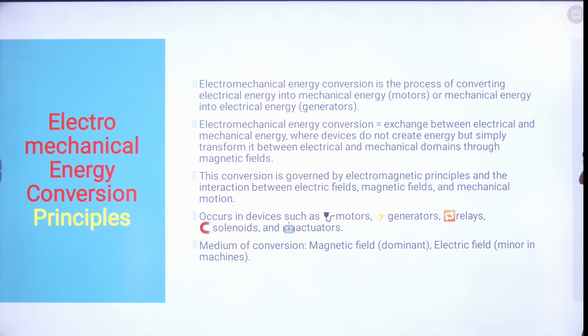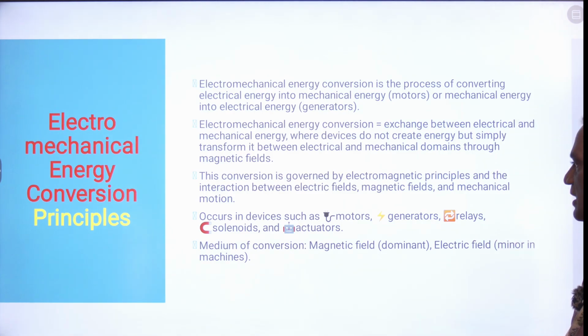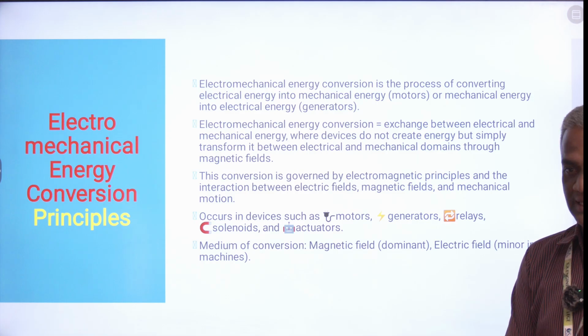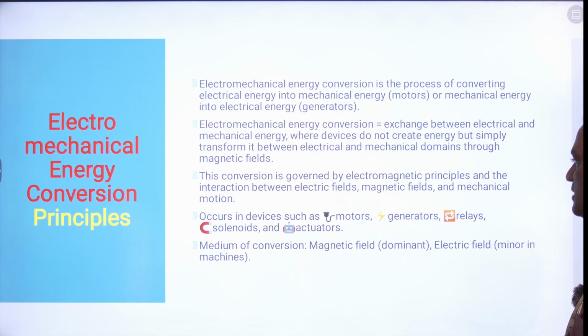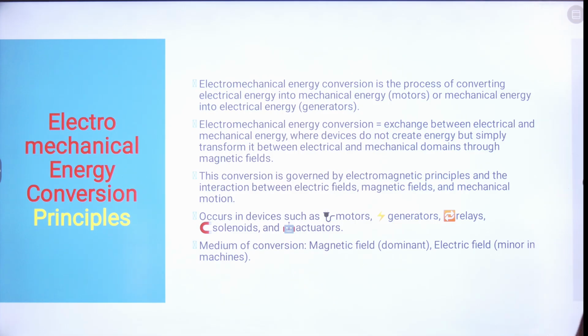This conversion is governed by the electromagnetic principle, which is the interaction between two fields, electric fields and magnetic fields, in addition to the mechanical motion. This occurs in motors, generators, relays, solenoids, and finally actuators.